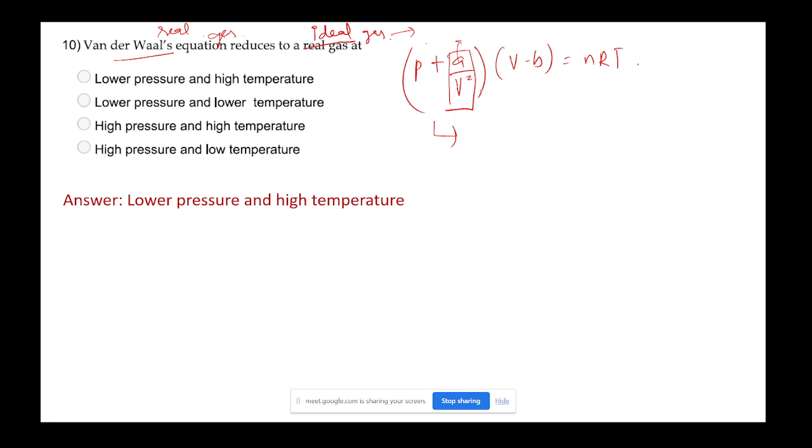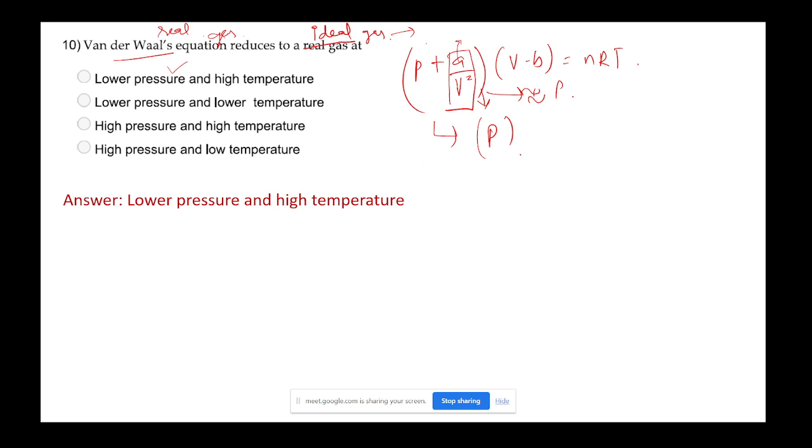Since this value reduces, it will remain as V, and this term will be just equivalent to P. So lower pressure always gives the behavior of real gas tending toward ideal gas.